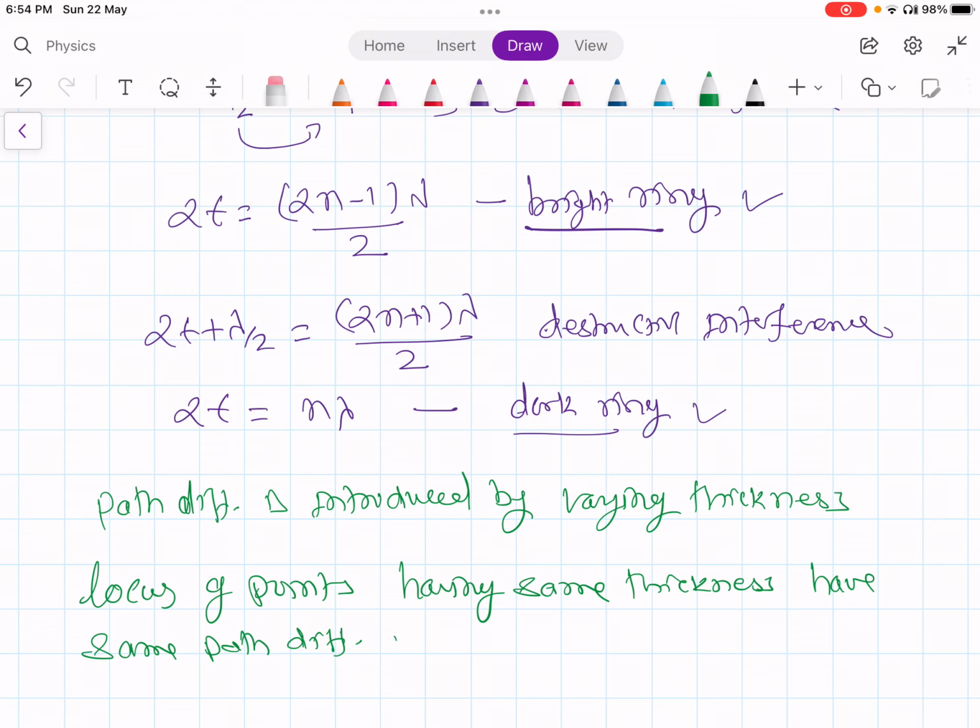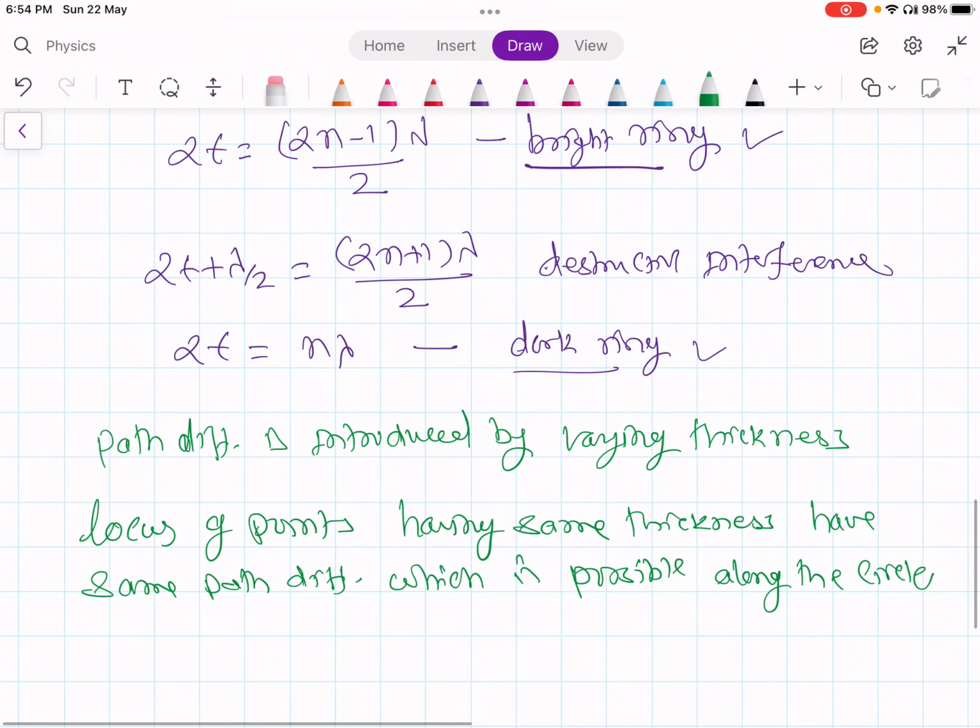And that is possible along the circle, and therefore fringes are circular.